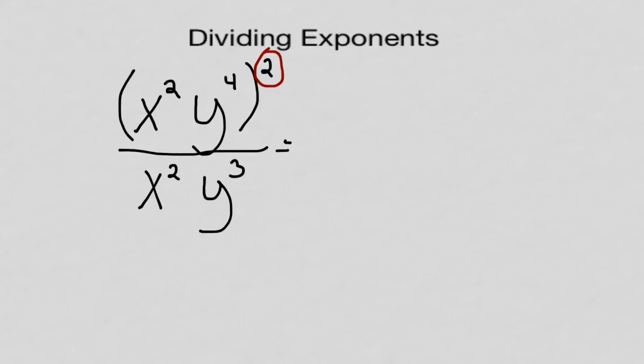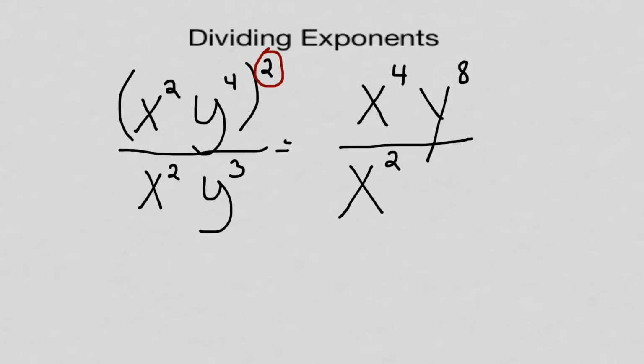To do that, all you do is multiply exponents. So x squared squared is going to be x to the fourth. Y to the fourth squared is going to be y to the eighth. Over top of x squared y cubed.